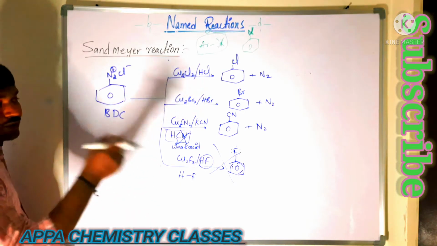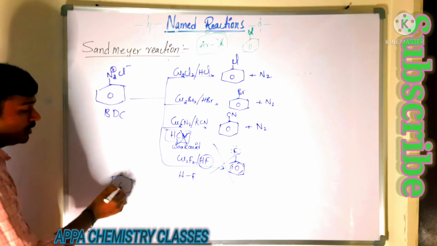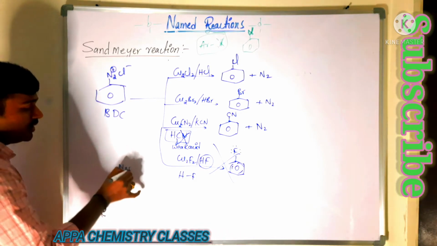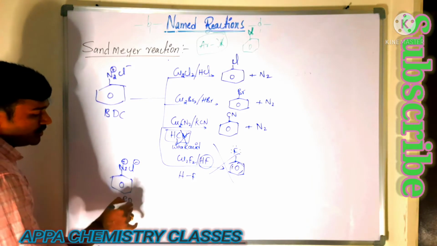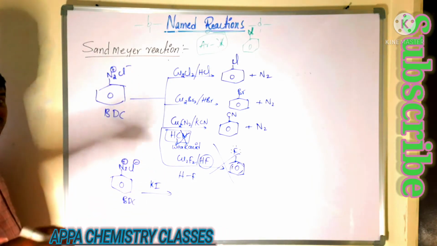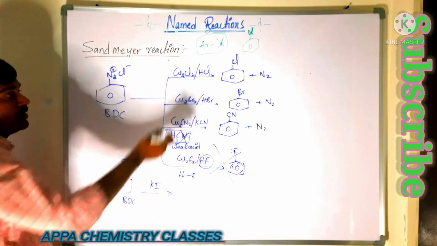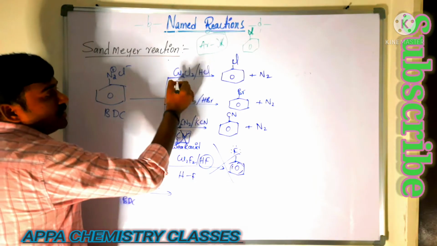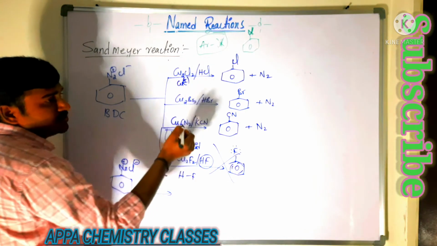And also we can prepare iodobenzene. Do you know that iodobenzene can be prepared just when benzene diazonium chloride, BDC, is shaken with potassium iodide? Here there is no need of catalyst. Where cuprous chloride is used, copper is present in the +1 oxidation state.